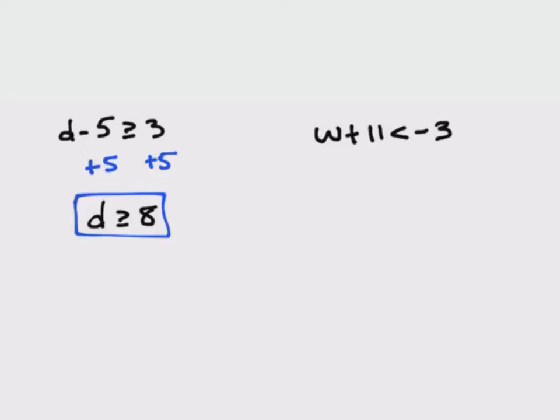For the second example, we know that if w were -14, that would just be too big, because -14 plus 11 is exactly equal to -3, but we need this to be less than -3. So if w were anything less than -14, we would end up with a true statement. Well, using some algebraic maneuvers, we can obtain that same result by subtracting 11 from both sides of that original inequality, and we end up with another true inequality, which happens to be our solution set.